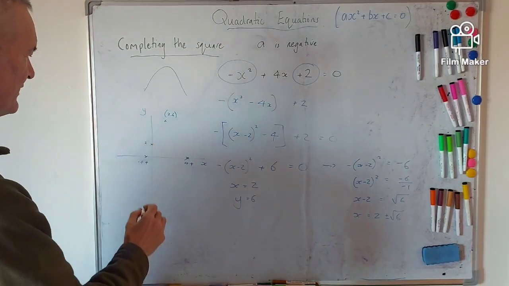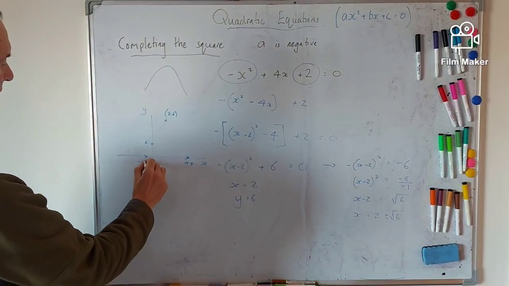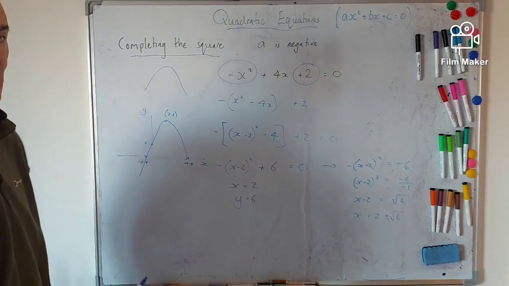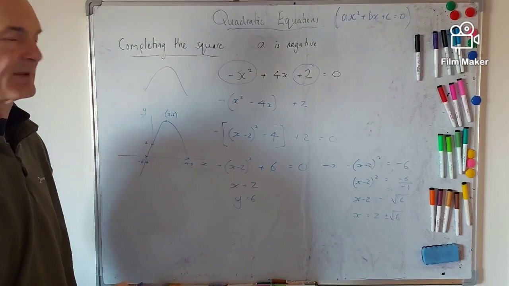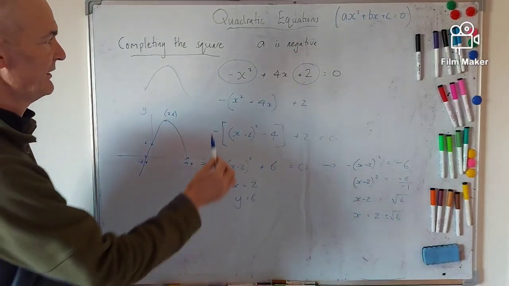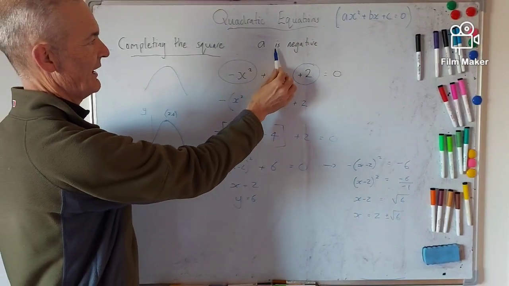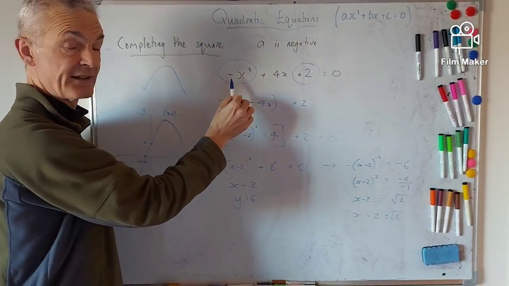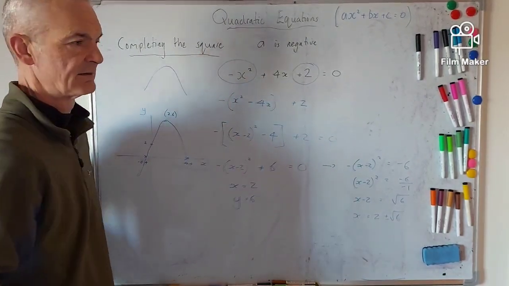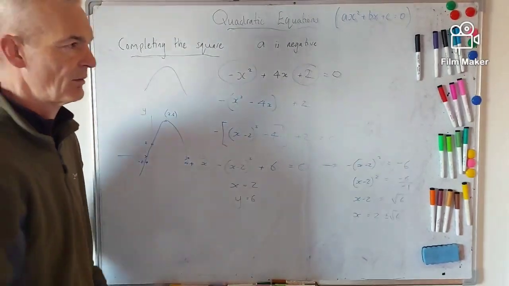So I think you can see the shape of the curve is going to go, not drawn that brilliantly, it should be symmetrical, but it's going to be roughly like that. Okay, so that's how we deal with completing the square where a is negative, in this case, -1. What happens if we've got a bigger value in here? Okay, let's have a look at what we do then.